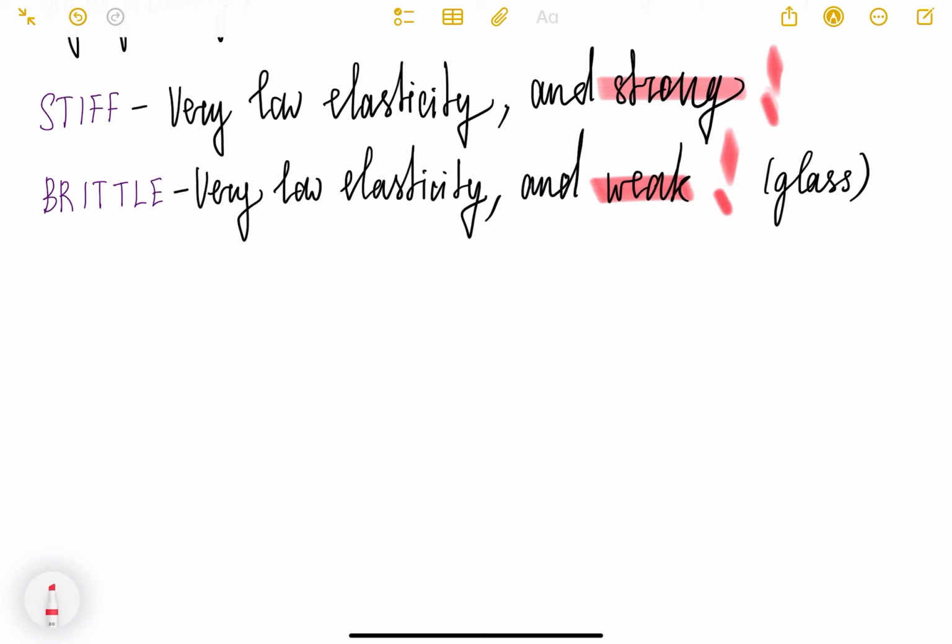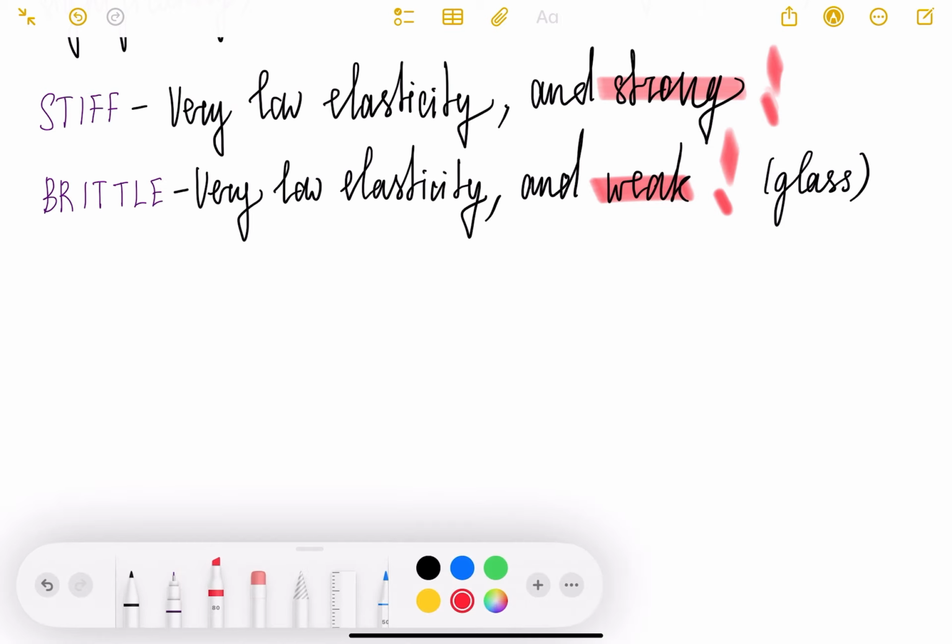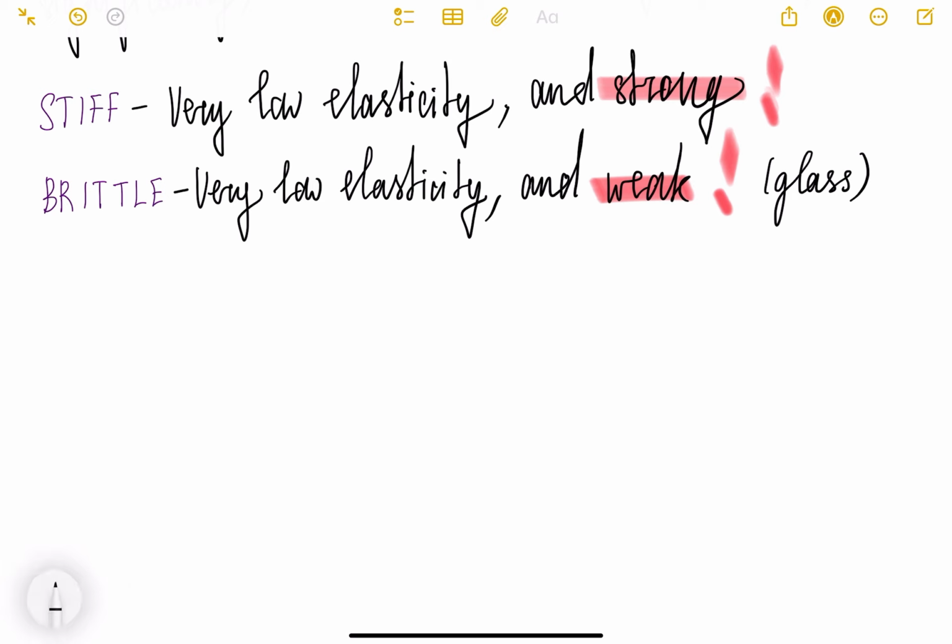It also says it fractures. Fractures was in my previous class. Maybe I need to read what fracture means again. It may be a little different from what's happening here, but I have the definition. Yeah, here it is.